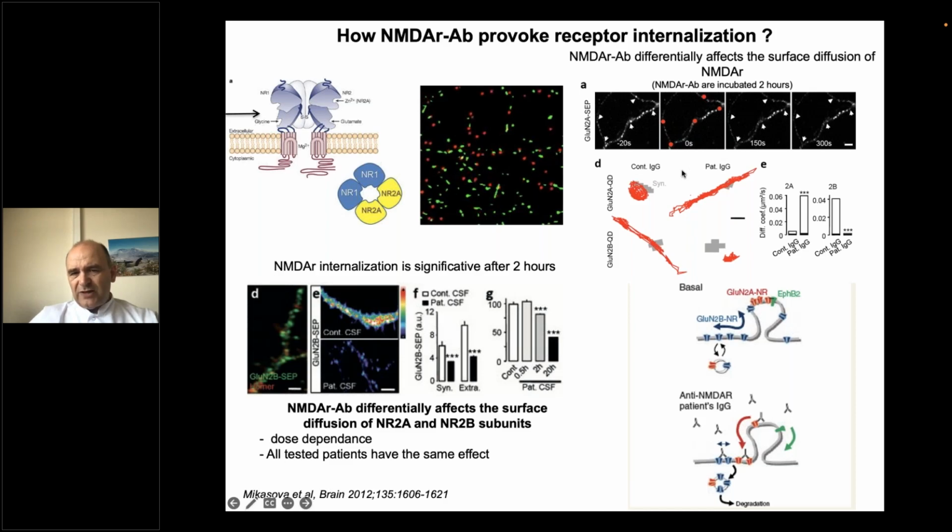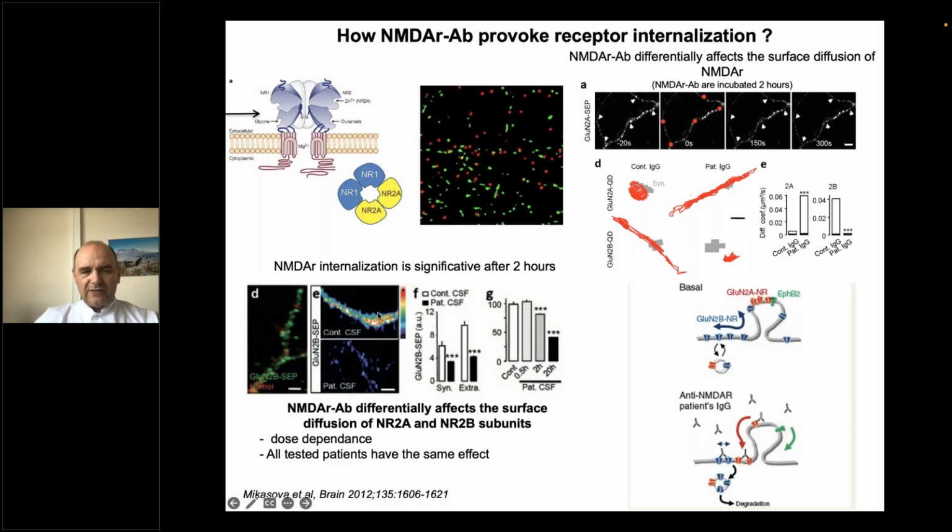In the first minute, in presence of control IgG or IgG directed against NMDA receptors from patients, you can see that you modify completely the movement of NR2A NMDA receptors. In control, it's around the synapse, but it's outside the synapse in the presence of anti-NMDA receptor antibodies. And NR2B is a large movement outside, around the synapse, but blocked in presence of anti-NMDA receptor antibodies.